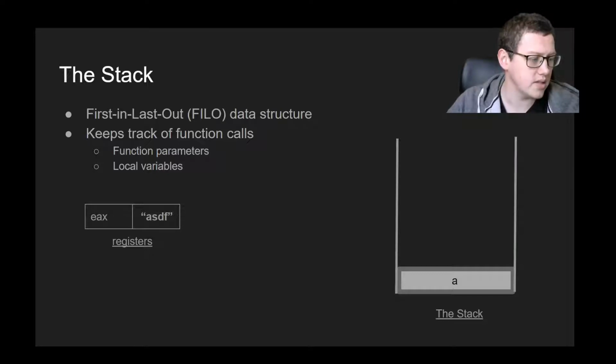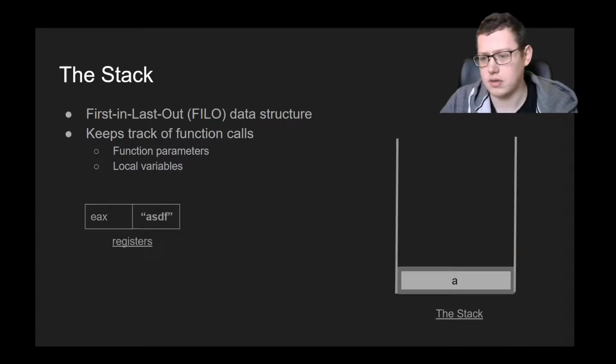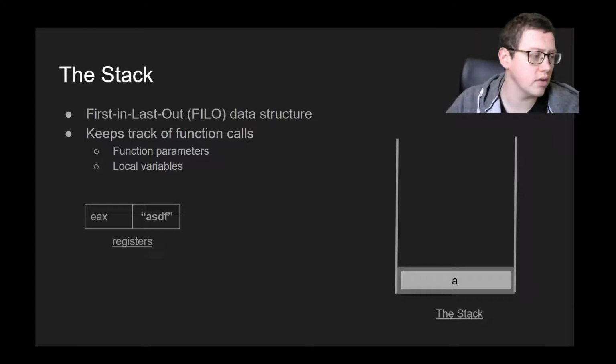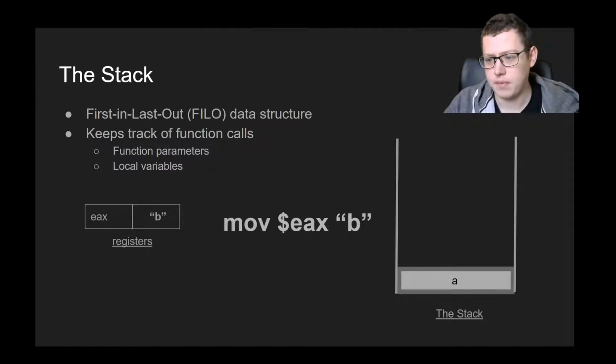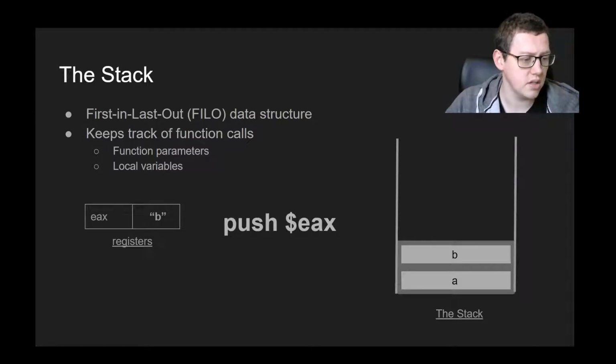Here's an example. Let's say we have a stack and we have a register with some data in it. It's currently got just some garbage data, ASDF, in it. Let's say we move the string B into the EAX register. We can then use the push operation to add an element onto the top of the stack, whatever the contents of EAX are.